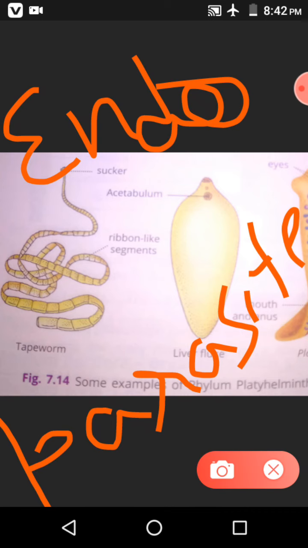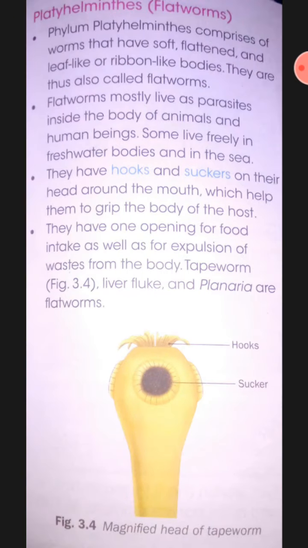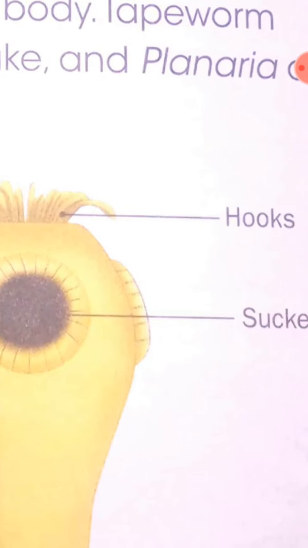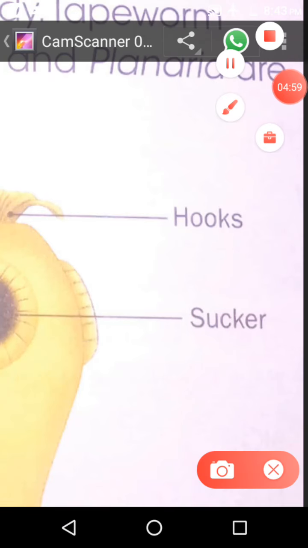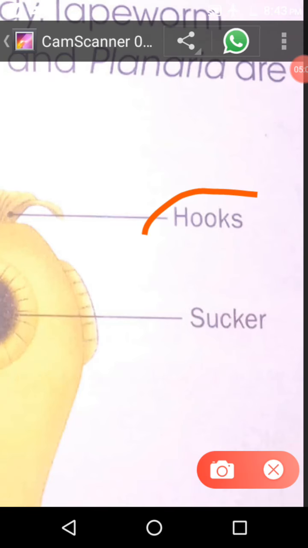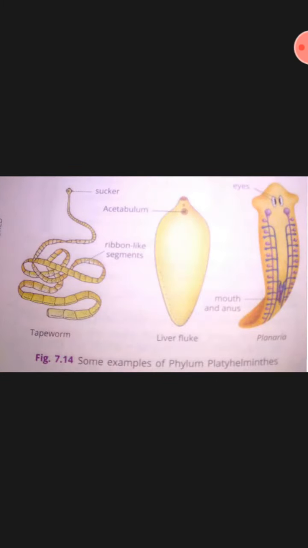Now you are able to understand about the parasite. One major characteristic of this phylum Platyhelminthes is the presence of hooks and suckers. Like tentacles in Coelenterata, in Platyhelminthes there are hooks and suckers. They have the same function: to help them grip the body of the host.